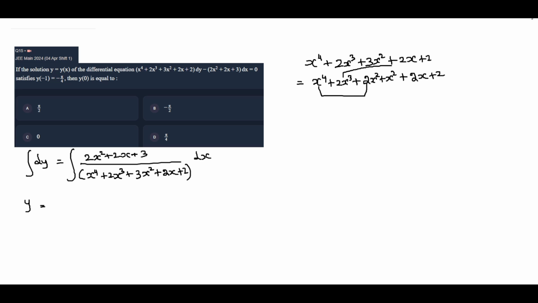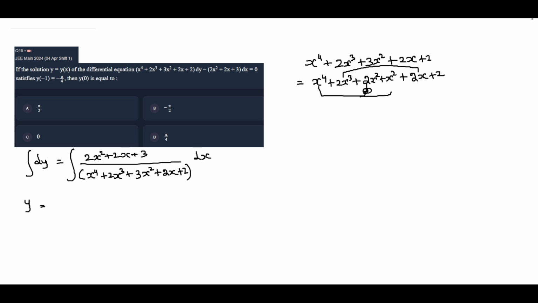I just did it here: x⁴ + 2x³ + 3x² + 2x + 2, take it as x⁴ + 2x³ + 3x² split into x⁴ + 2x² + x², plus 2x plus 2. First you have to combine these two terms, and then these two terms.